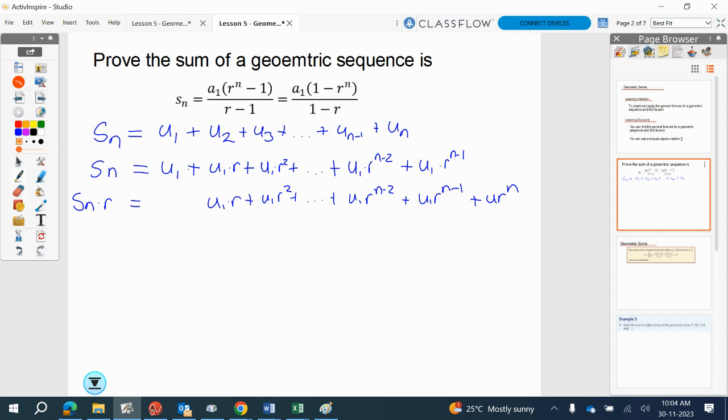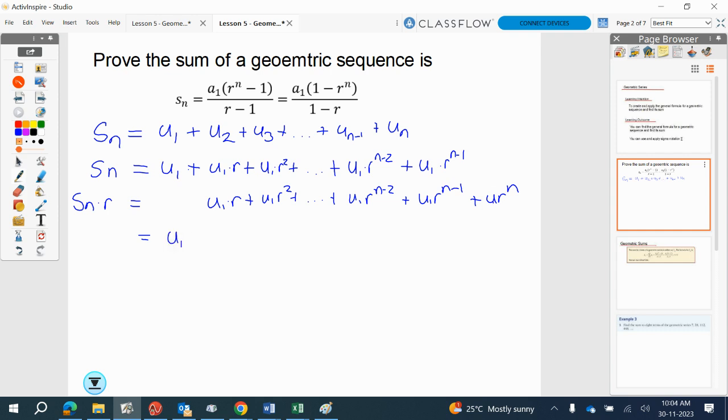Do we see this? Yes. Now, the reason I've done this is that we don't know how many terms are in this sequence. But if I subtract the first equation from the second equation, most of the terms are going to cancel out completely, except for u1 and u1 times r to the power of n.